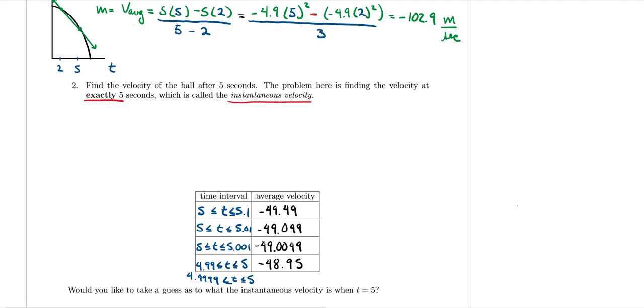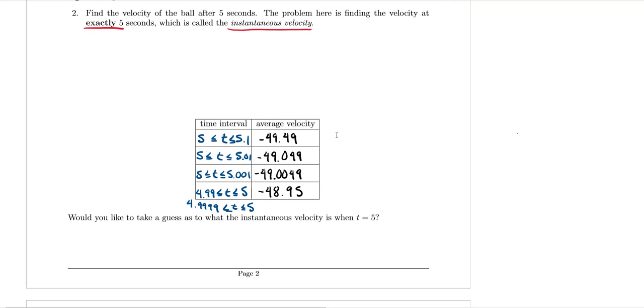So if I were to take a guess at what the instantaneous velocity might be when time equals 5, in other words, the velocity exactly at time equals 5, then we should be getting negative 49 meters per second.